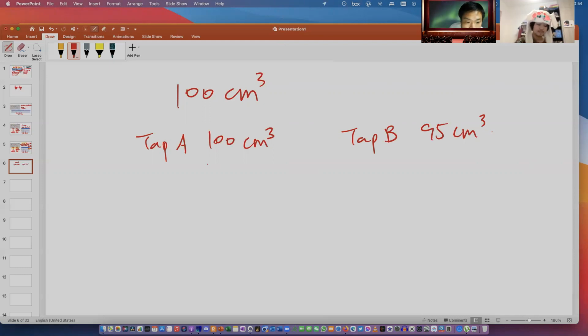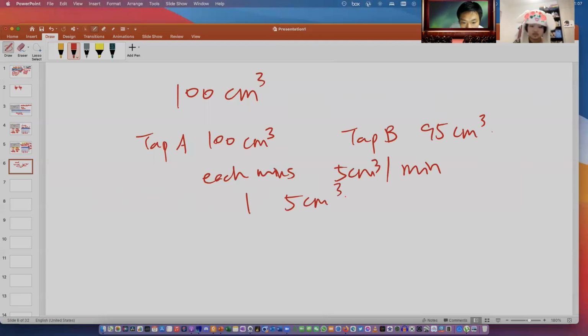You know that each minute, tab A is going to catch up 5 cm cube. After 1 minute, you catch up 5 cm cube. After 2 minutes, you catch up 10 cm cube. So in order to catch up 100 cm cube, your time is 100 divided by 5, which is 20 minutes.